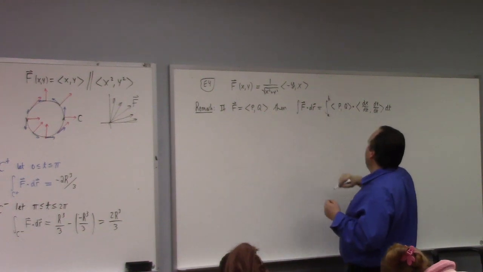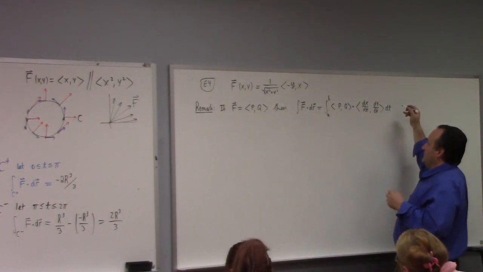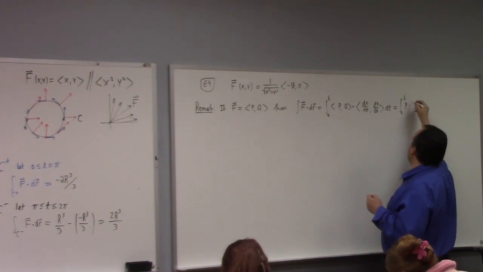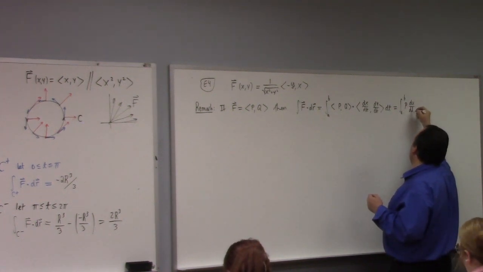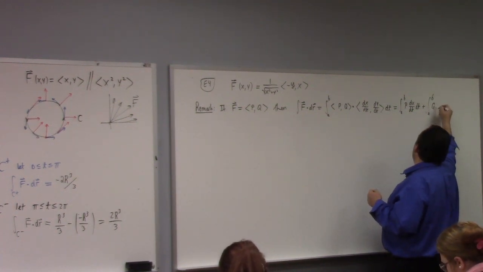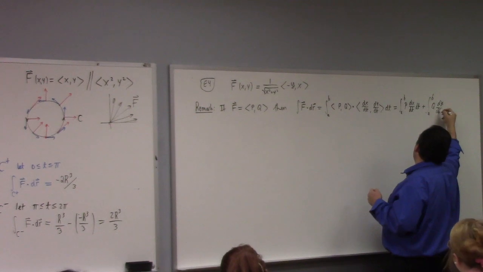If you multiply that out, you've got the integral from a to b of p dx dt dt, plus the integral from a to b of q dy dt dt.